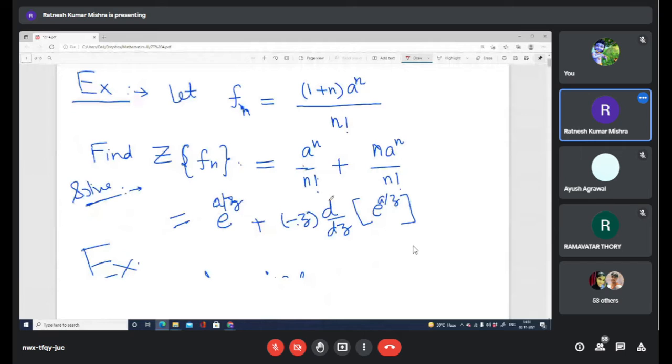The inverse Z transform of F(z) G(z) is f(n) star g(n), and this is the summation k equal to 0 to n of f(k) g(n minus k).